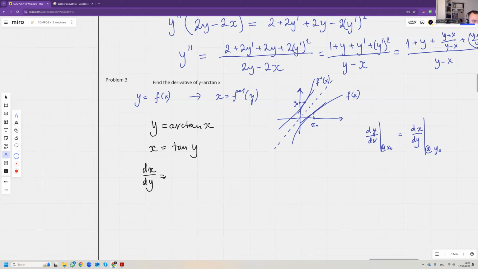Okay, so dx dy, yes. We differentiate that, and we know that tan y is sine y over cos y.